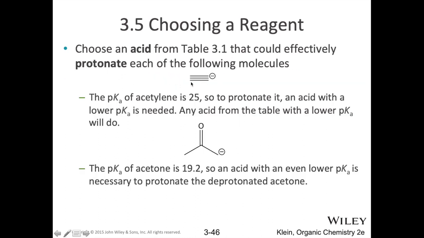So here we have basically an acetylide ion. It's an alkyne, acetylene, or ethyne if you use the IUPAC name, and it's been deprotonated to give it that negative charge. We're trying to reprotonate it. So the conjugate acid of this, if you will, is acetylene, and you know that its pKa is 25.